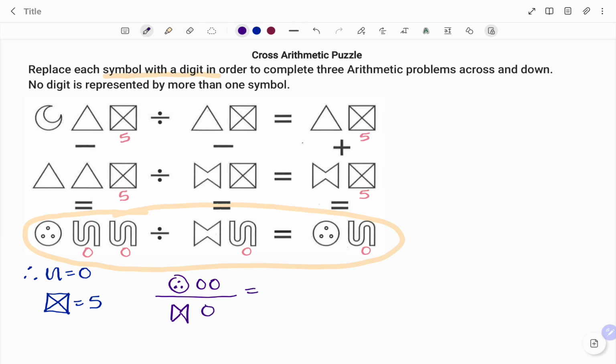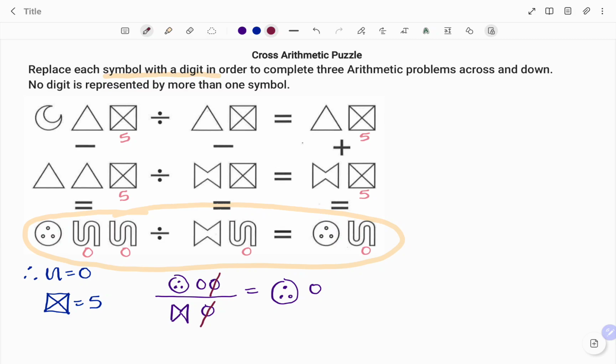My answer will be a button and 0. Now we know that when you're dividing and you have 0 ending your numbers, I can take out the 0, by dividing both the numerator and the denominator by 10.